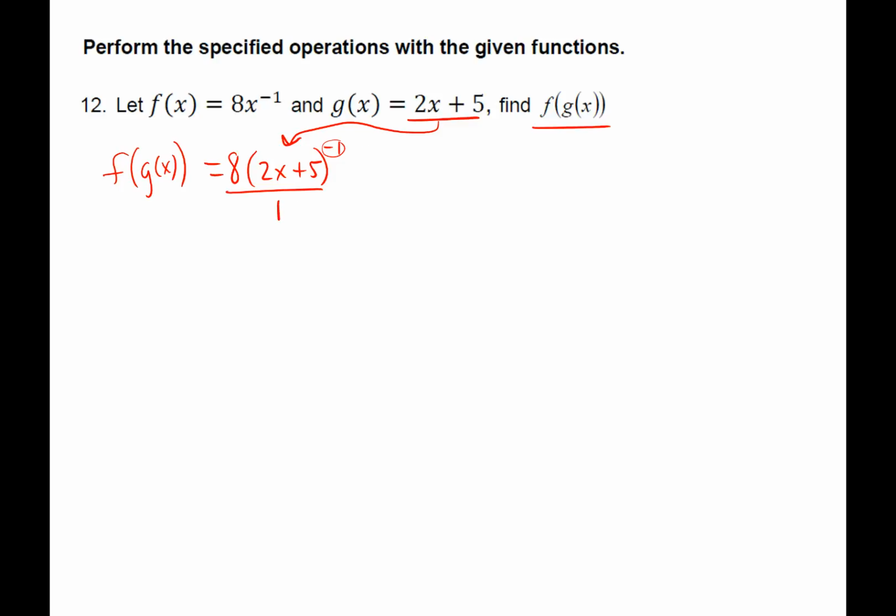So I put everything over 1. Then I would say, hey, I need that negative exponent to be positive. The way we do that is by moving it to the denominator. What we need to be careful of here is that we don't confuse that -1 with the 8's exponent, which happens to be a positive 1. So 8 stays in the top, only the 2x plus 5 moves to the bottom. And that, by the way, is the answer we're looking for.